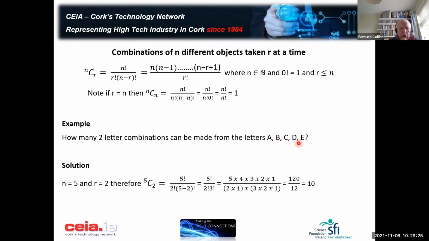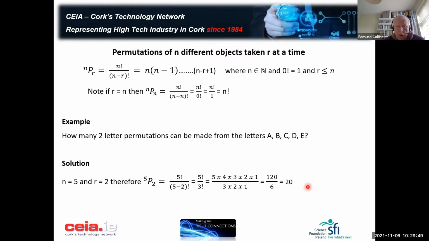So n is 5, r is 2. So we have factorial 5 divided by factorial 2 multiplied by factorial 3, and so on. So working all that out, that equals 120 divided by 12, which equals 10.